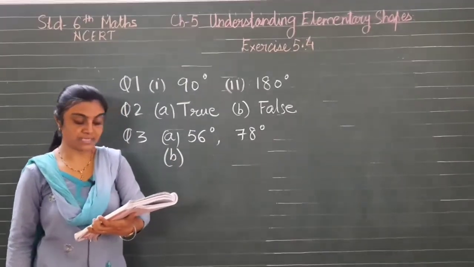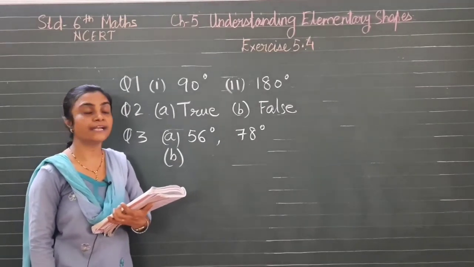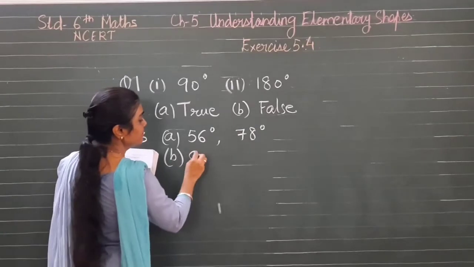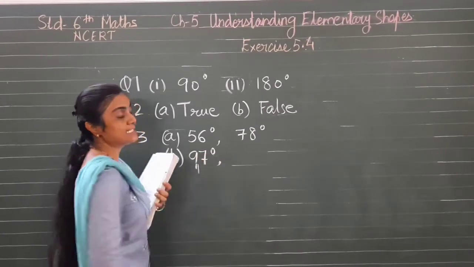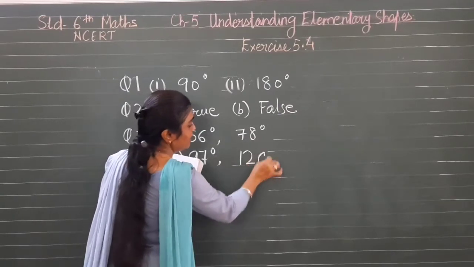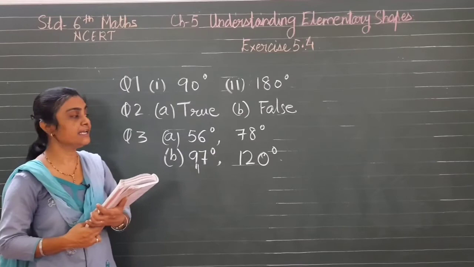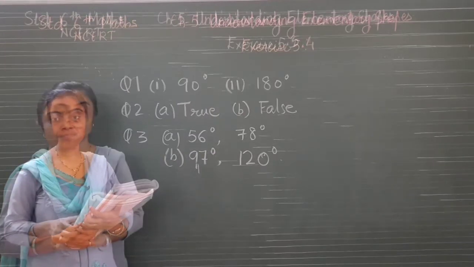Now B, some obtuse angles. Obtuse angles are the angles which are greater than 90 degree. So one example is 97 degree and you can take 120 degree, which is greater than 90 degree.